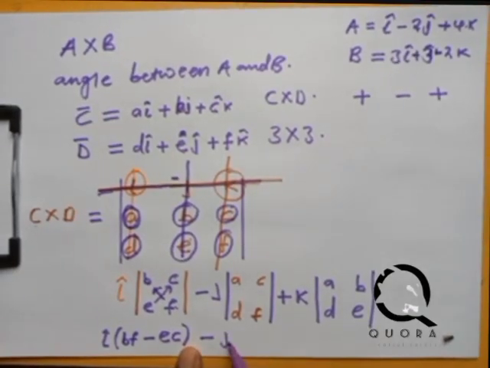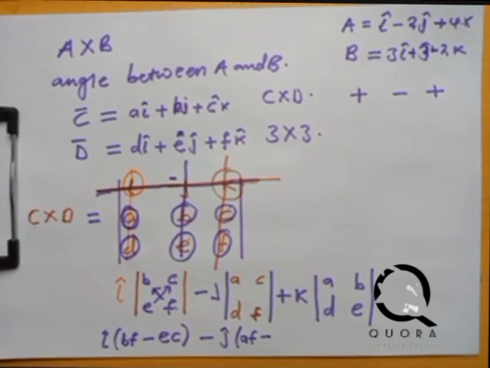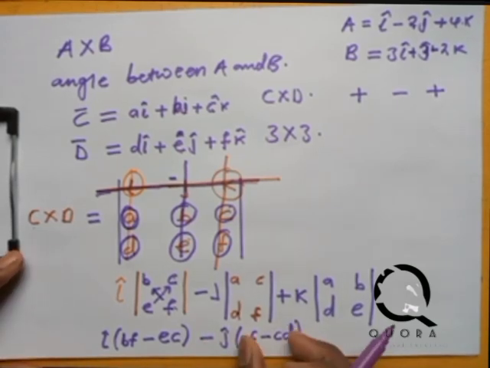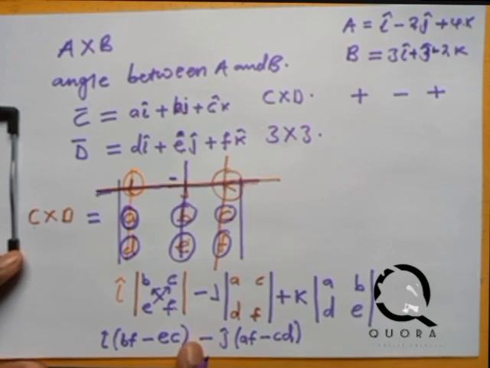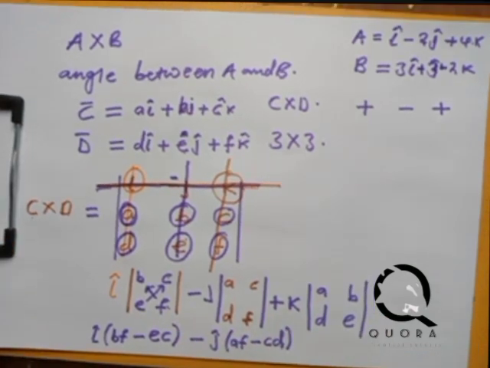Minus J, open. This multiplied by that, we're going to have AF, minus D multiplied by C, we're going to have CD, meaning that in the middle part, you do likewise. If you get a negative answer inside, you multiply negative J by the negative answer, you get a positive value.